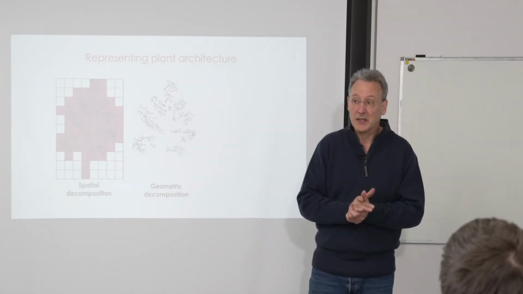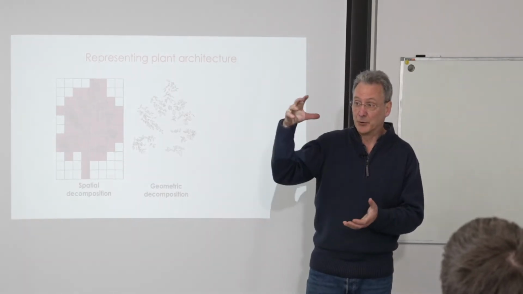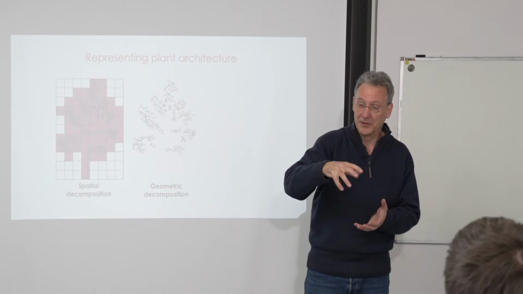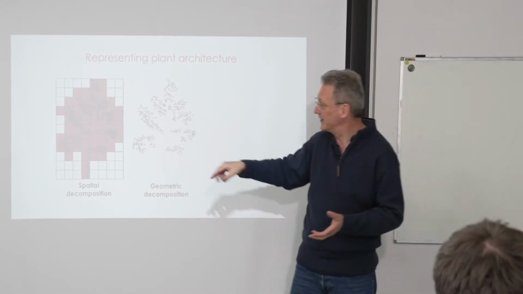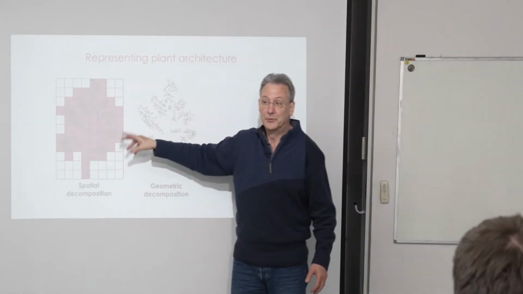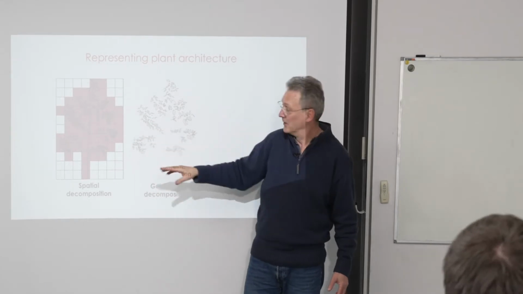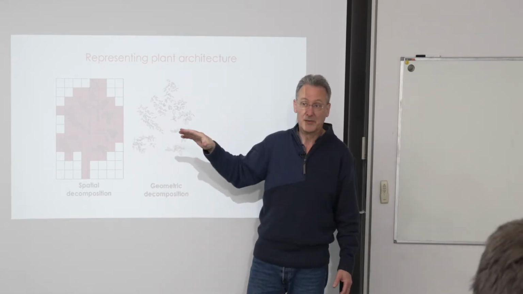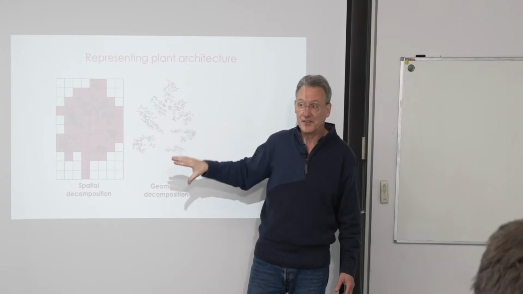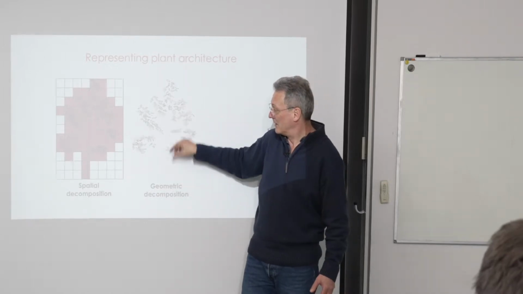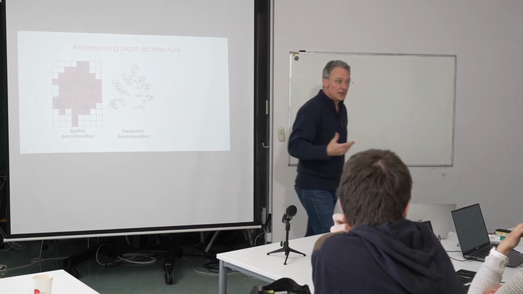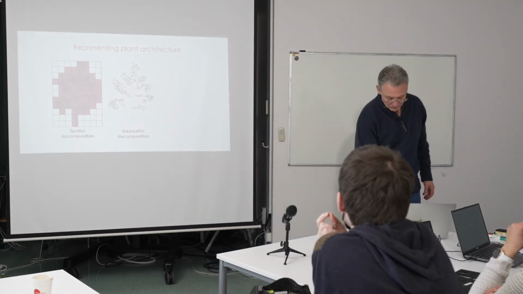And this would be interesting, for instance, if you want to compute the amount of light intercepted by the plant. You don't need all the stuff, the trunks and the stems. You just need to know where the leaves are. So this type of representation would make a certain meaning depending on the application.